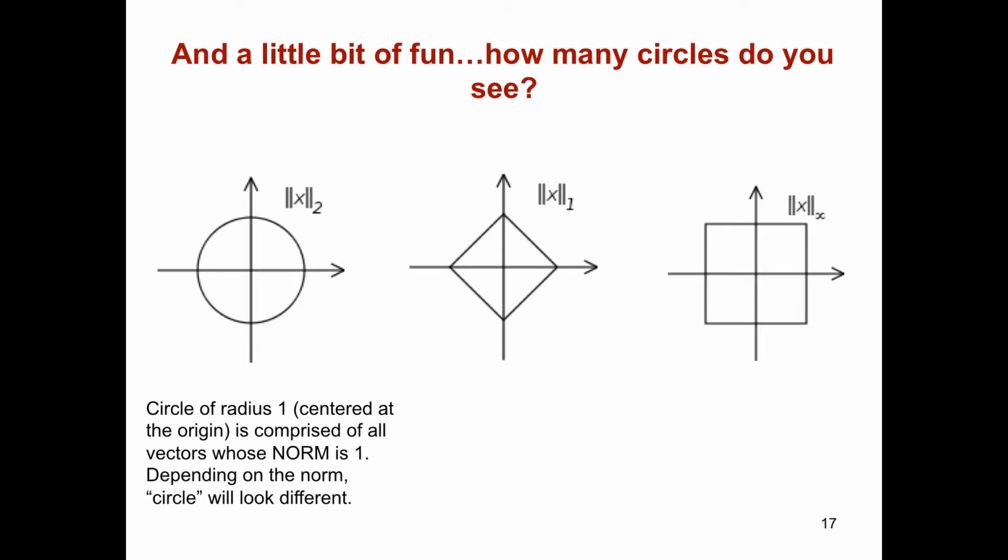Actually, all of the points on this line, y is equal to 1 minus x, right? All of these points are on the circle of radius 1 if my norm is the 1 norm, L1 norm. It's kind of cool that this is actually how a circle looks in this norm.